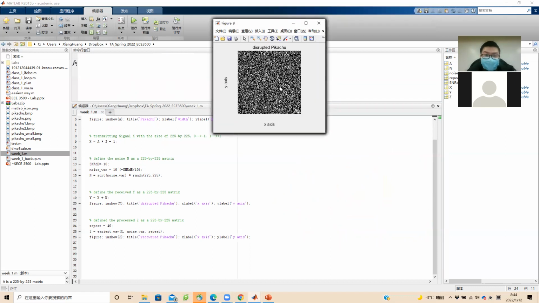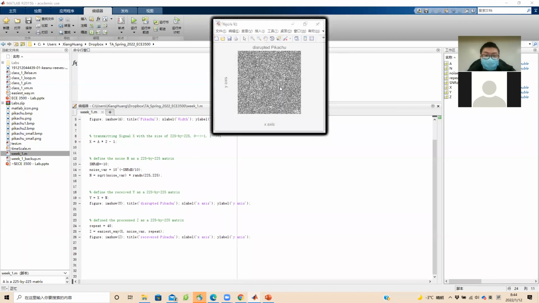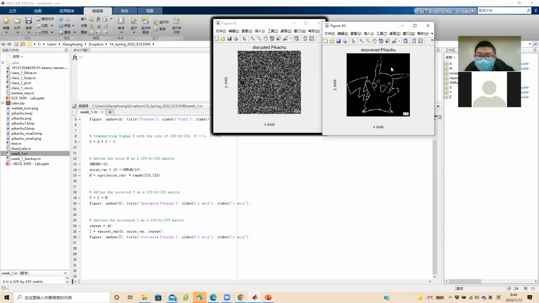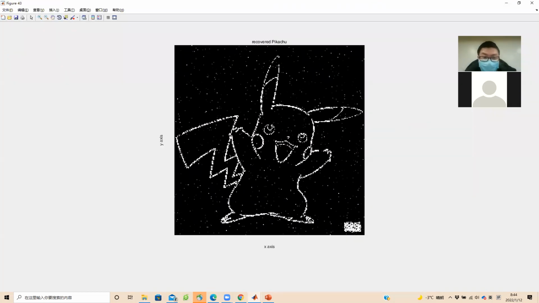Sorry, it's very slow. Even though there are still some white dots around the Pikachu, I think it has been recovered.